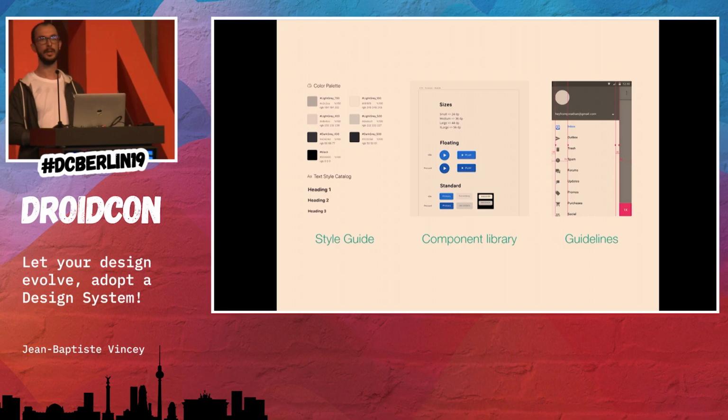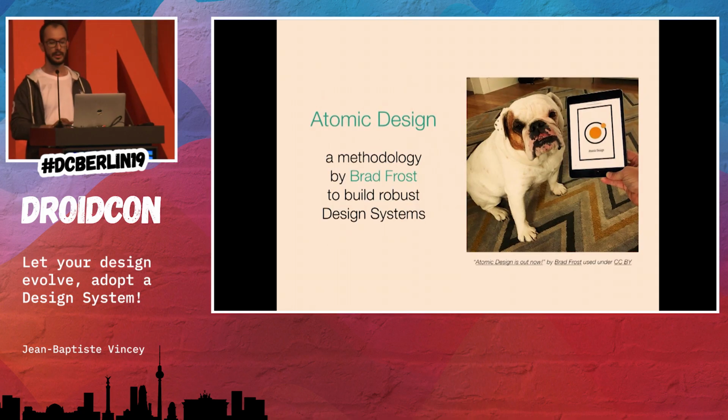The main idea behind a design system is that we should stop considering apps as a set of pages and screens, but rather as a set of functional UI components that compose different pages. Now, how do we build such a design system?